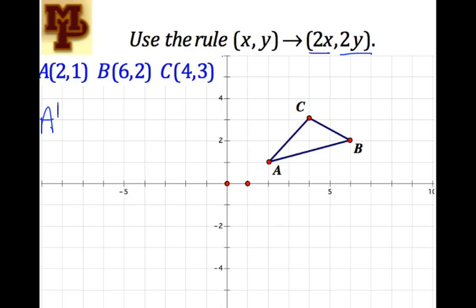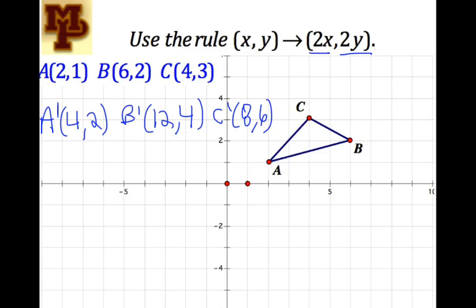So all this would do is just multiply, obviously, both of them by 2, so that would be 4, 2. B prime, that'd be 12, 4, and then C prime would be 8, 6. And it makes your image twice as big, so A prime, B prime, of course 12 is off my little graph.